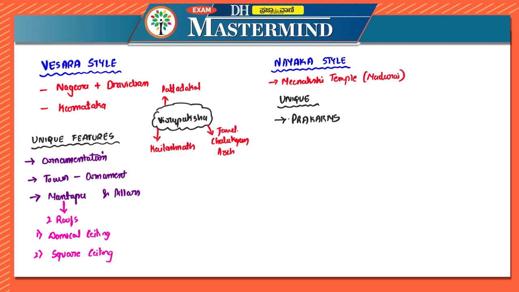So in this case, Meenakshi temple was constructed from the initiative of Tirumalai Nayak in the 17th century. Hence it is called Nayak style. And the last one in case of South Indian architecture which you have to discuss is Vijayanagara art.